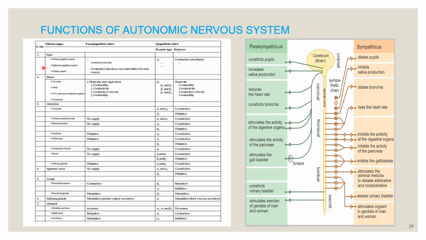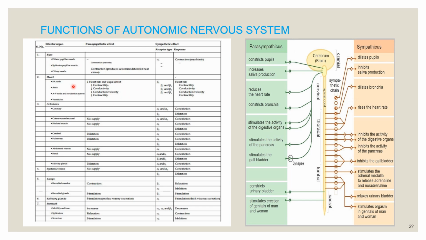First is the dilator pupillae, which receives sympathetic innervation, having alpha 1 receptors, causing mydriasis. The remaining two: the sphincter pupillae has parasympathetic innervation, and upon activation it contracts, causing miosis. The ciliary muscle also has parasympathetic innervation, and upon stimulation it contracts, producing accommodation for near vision.